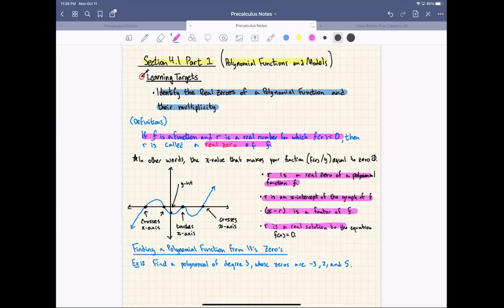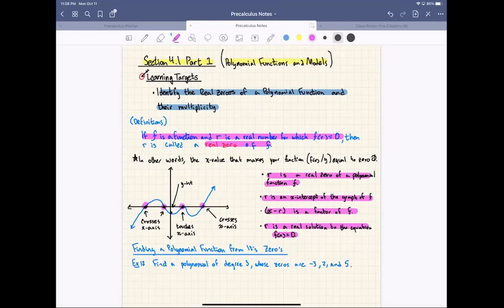And r is a real solution to the equation f of x equals 0. All right, that's what a zero is. That means it makes our y value 0. And then you see this nice little graph here. We have a couple of zeros. All of these right here would be real zeros of this function f, right?